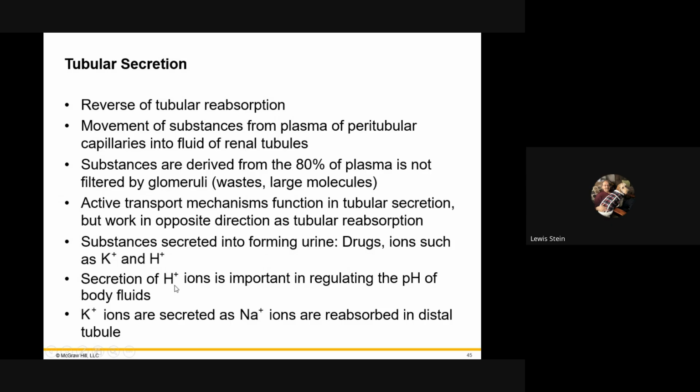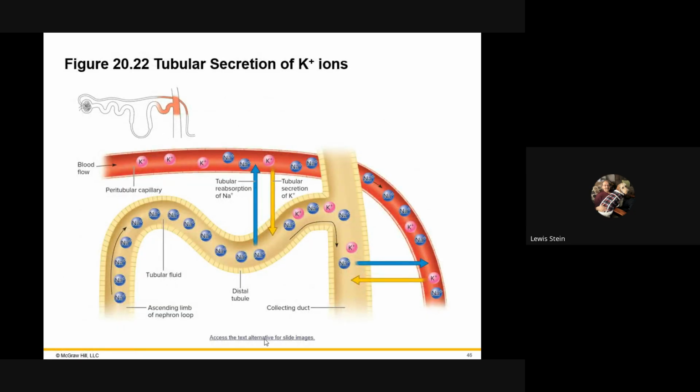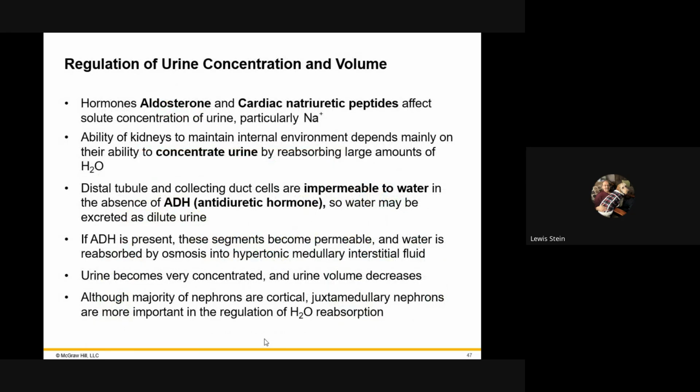Again, when we're moving more out of these, it's because we have an excessive amount of acidity and we want to bring it back to the normal range, or we have to hold on to it because we want to keep it at a different range. And again, the old story with potassium and sodium going in different directions. That's very broad brush stuff, but that's kind of how it works.